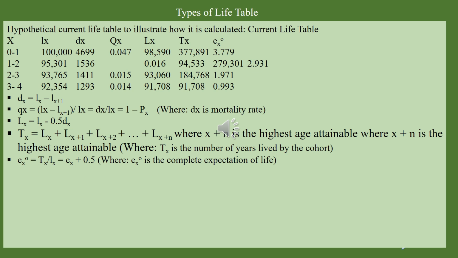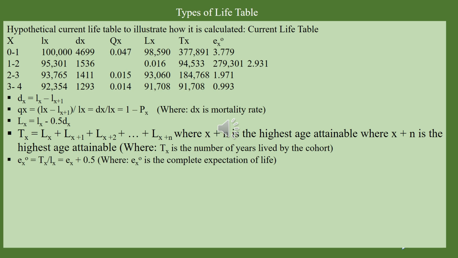Tx is the number of years lived by the cohort or set of individuals in the population under consideration after attaining the age of x. It is usually considered as the total feature of life table of the animal or individual that reach that x.